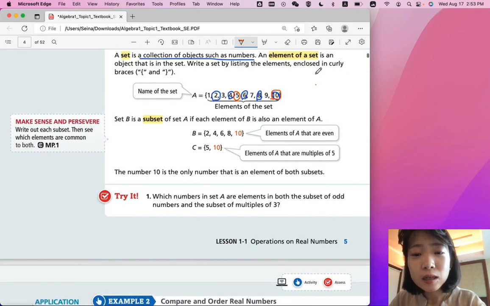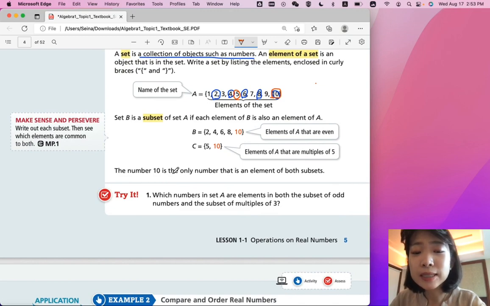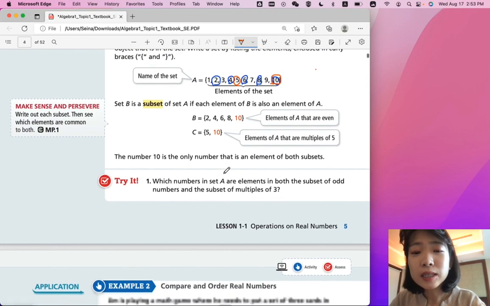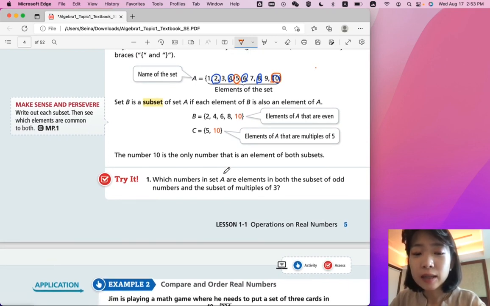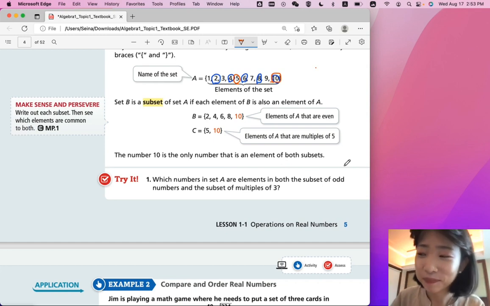Try answering this question. Which numbers in set A are elements in both the subset of odd numbers and the subset of multiples of 3? If you can do it by yourself, come back when you're ready for answers.